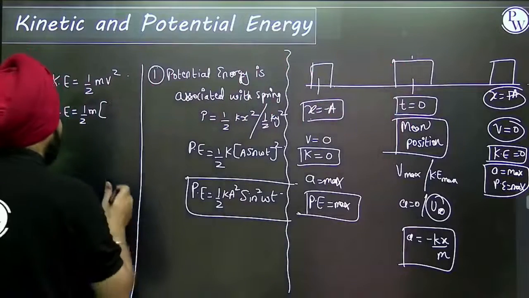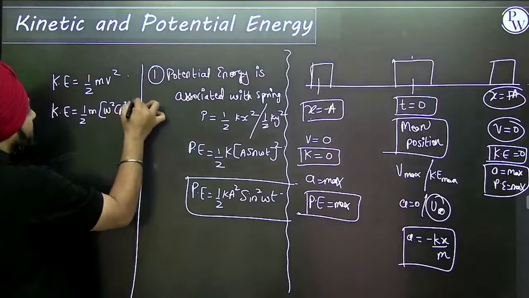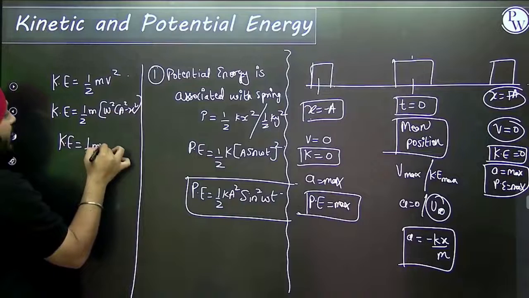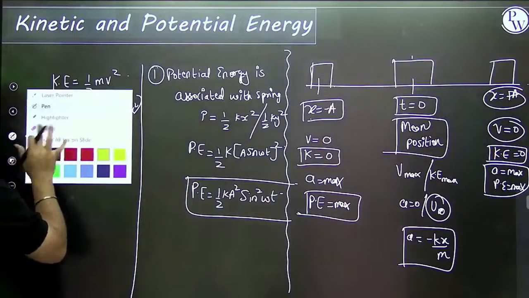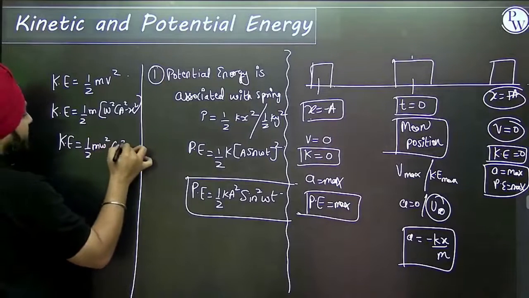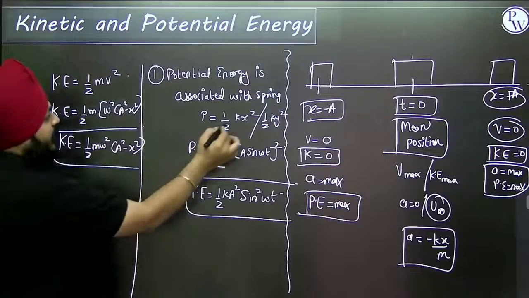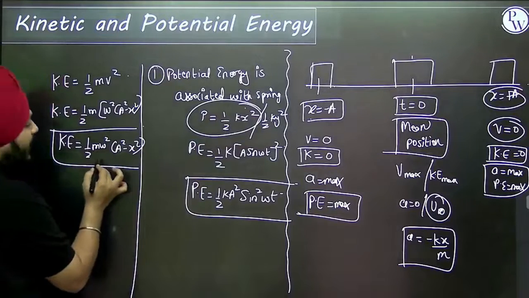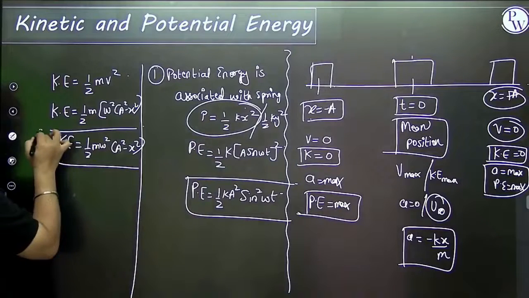If I replace that, I get omega square times a square minus x square. So the first equation of kinetic energy is half m omega square a square minus x square. Equation of potential energy is half kx square. Equation of kinetic energy is half m omega square a square minus x square. This is the first equation.